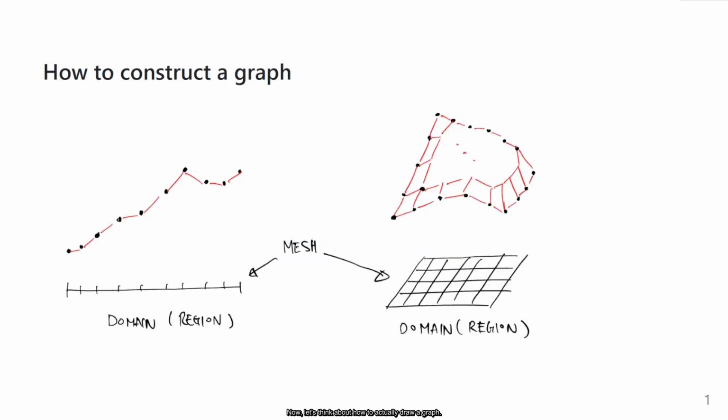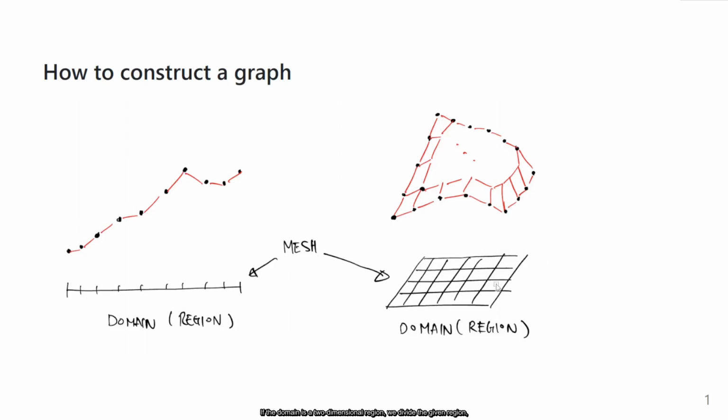Now, let's think about how to actually draw a graph. For instance, in the case of a single variable function, where the domain is one-dimensional and the function maps each value in the domain to a real number, we can divide the domain into smaller intervals, plot the function values at each of these points on a two-dimensional plane, and then connect these points with line segments to represent the graph.